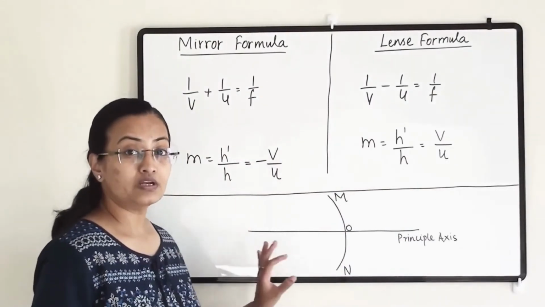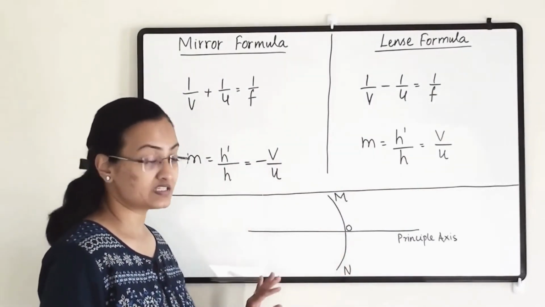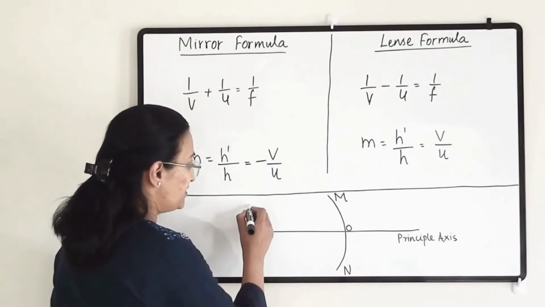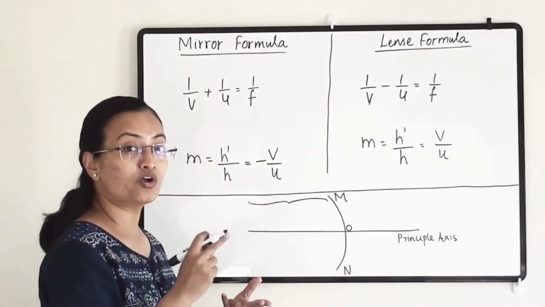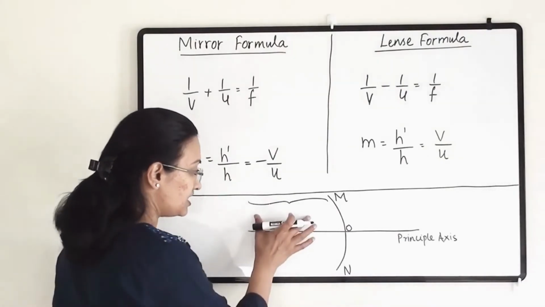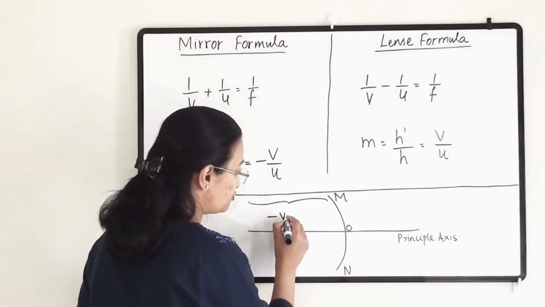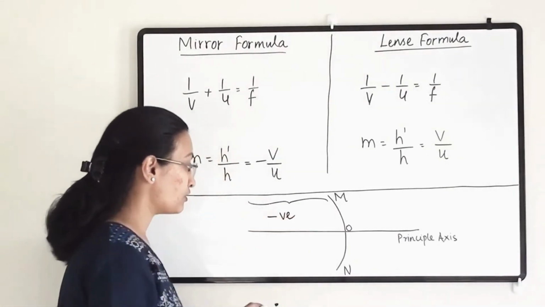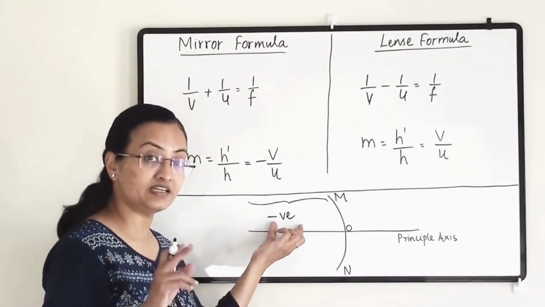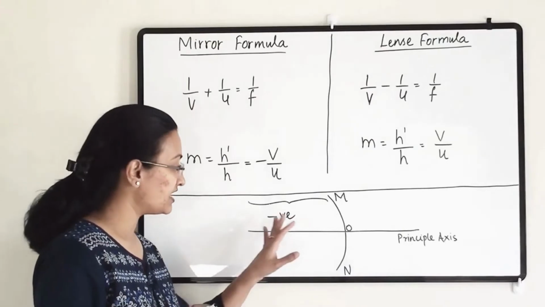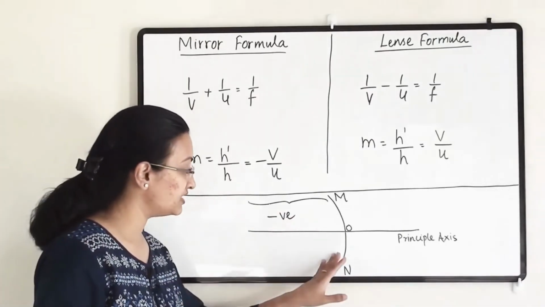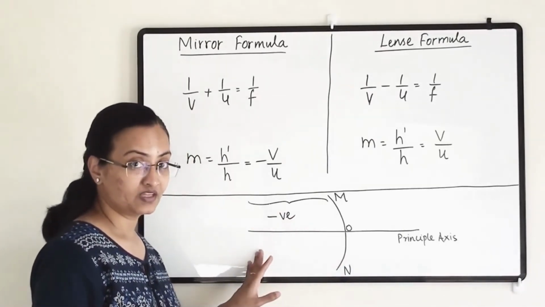But the rest of the Cartesian rules will remain the same here. If we are getting the distance of the image or distance of the object here in this region, then it is going to be negative. Also, if we are getting the answer in negative, that means they are over here, towards the left side of the lens or of the mirror.